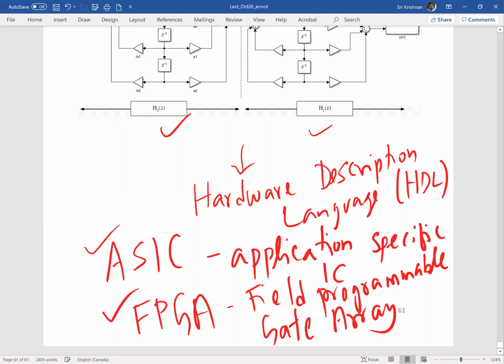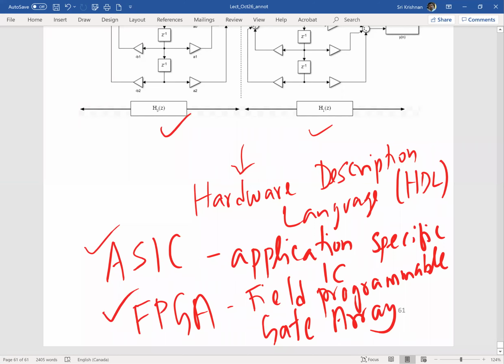As the name indicates, it's programmable as we are in the real-time application in the field work. And gate array is just the hardware circuitry that we would be using.